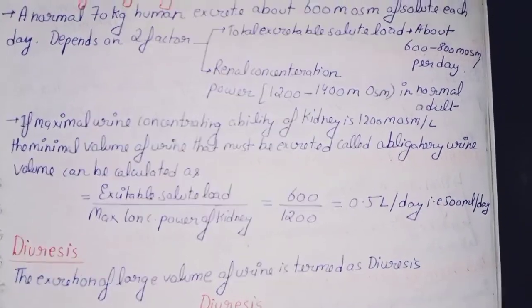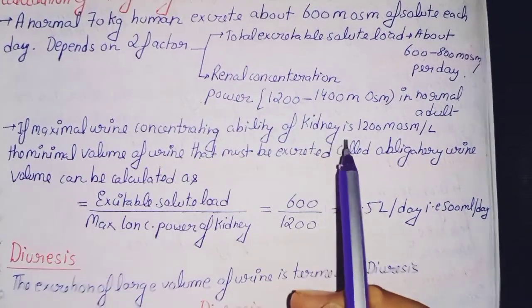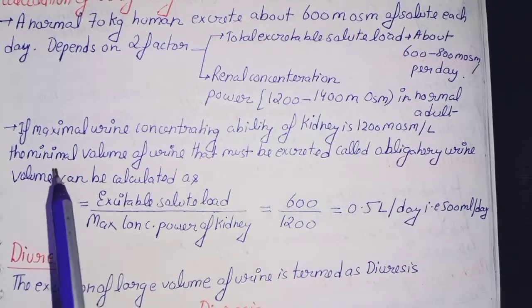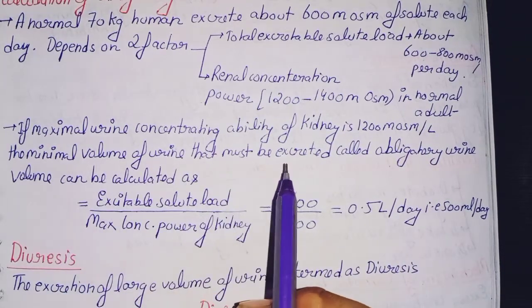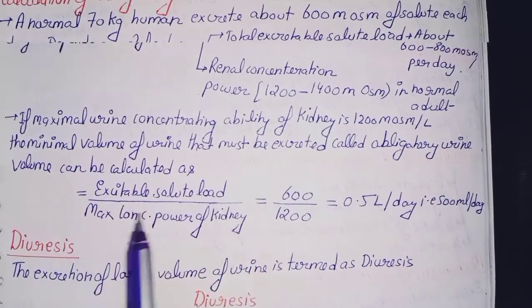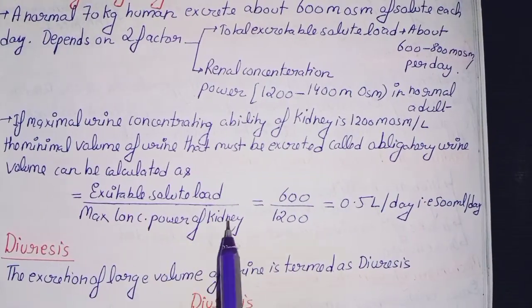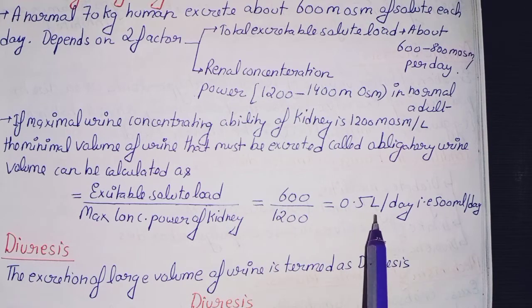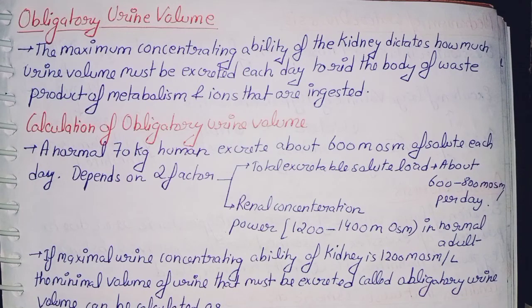If the maximal concentrating ability of the kidney is 1200 milliosmol per liter, the minimal volume of urine that must be excreted is called the obligatory urine volume, calculated as the excretable solute load divided by the maximum concentrating power of the kidney, which is around 0.5 liters per day.